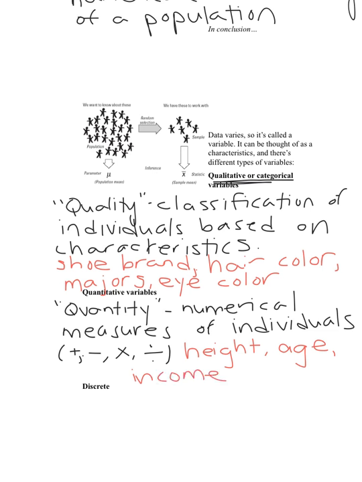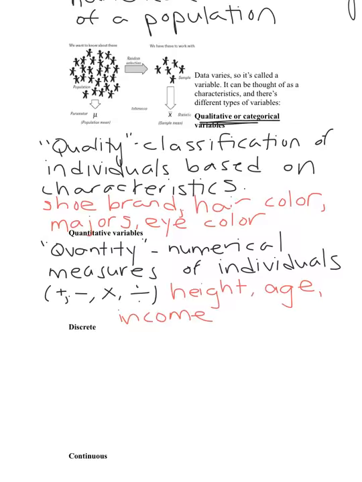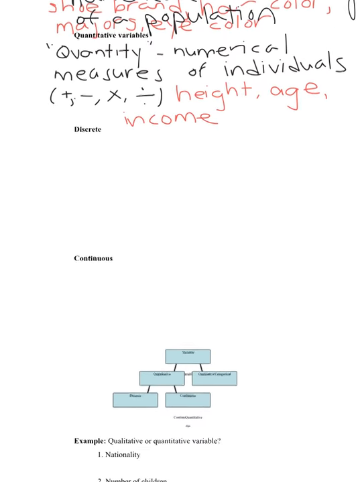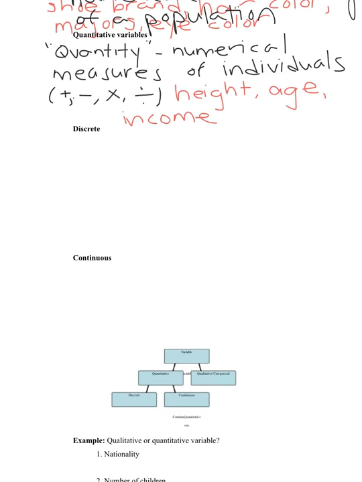There are different types of quantitative variables: discrete and continuous. With discrete variables, you can count their values. Discrete is associated with counting: 1, 2, 3, 4, 5. You count children, you count how many cars you have.